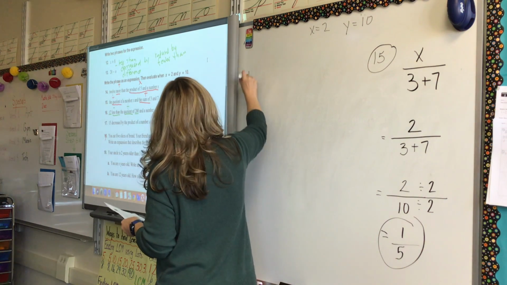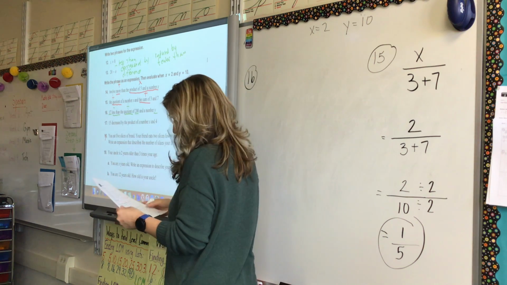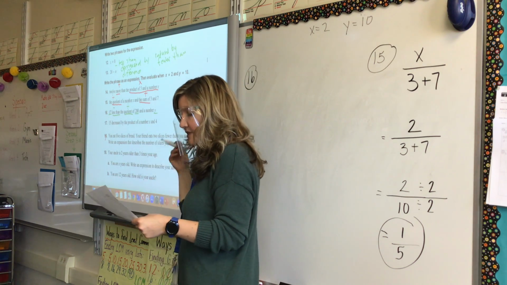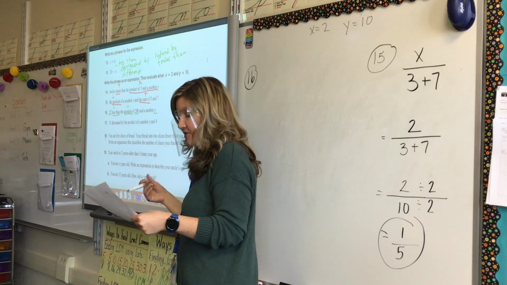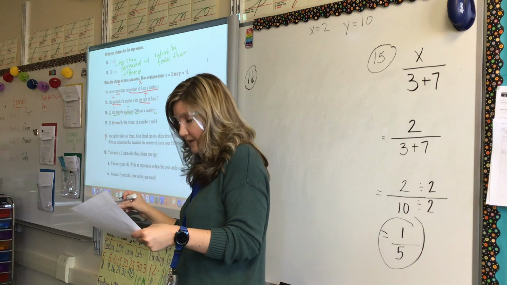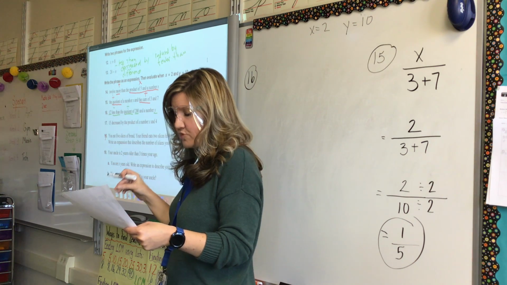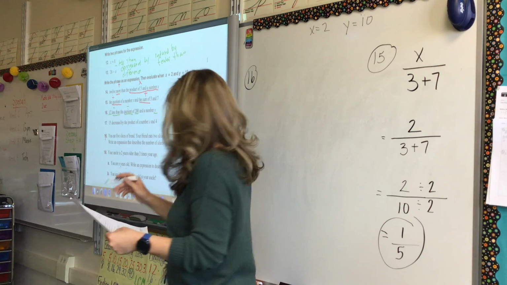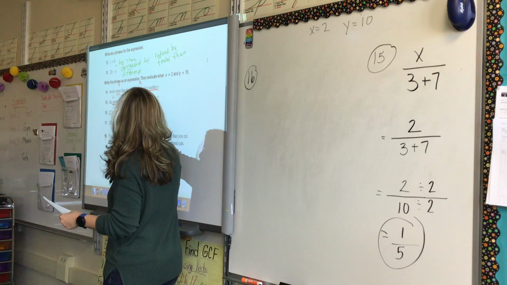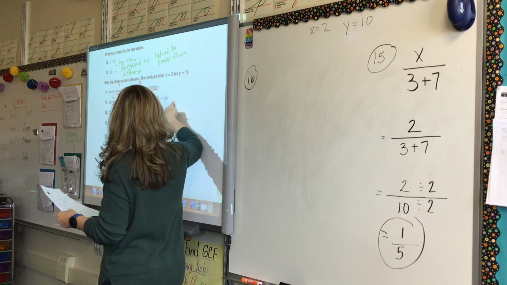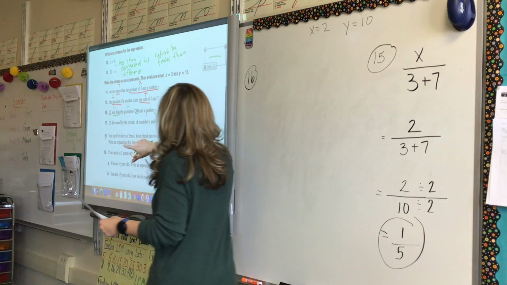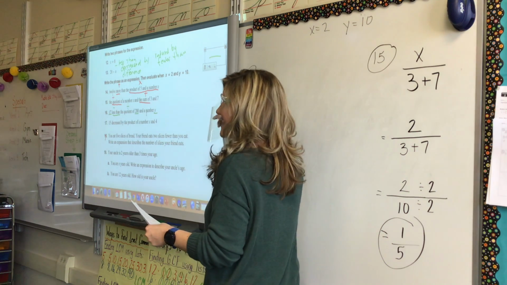So number 16, I'm going to read it closely. 17 less than. Okay, so I'm going to subtract 17 at the end from the quotient of 200 and a number y. So the quotient of 200 and a number y, how will we write that?